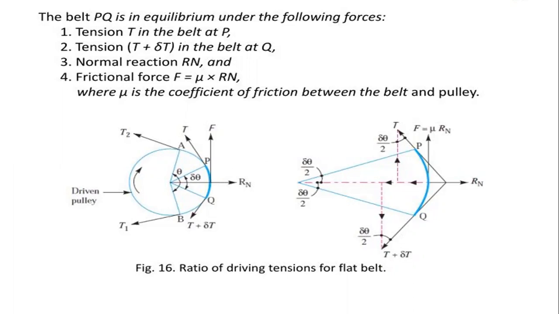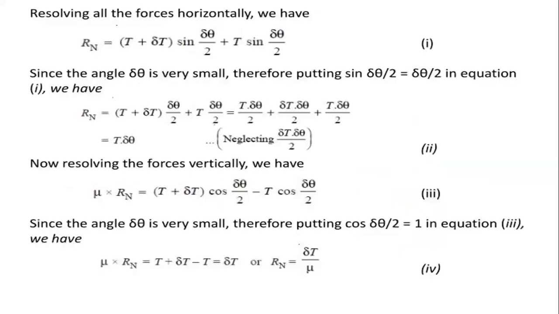Then the angles taken are delta theta by 2, and the endpoints are P and Q, with tensions T and T plus delta T. Then we are going to resolve all the forces horizontally first.